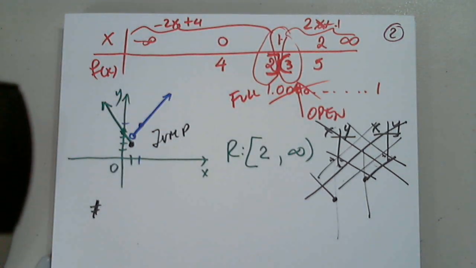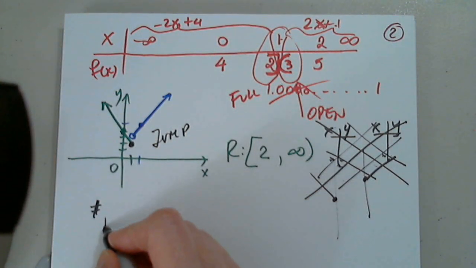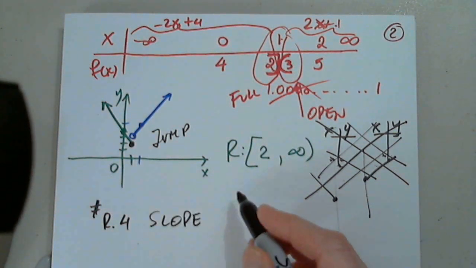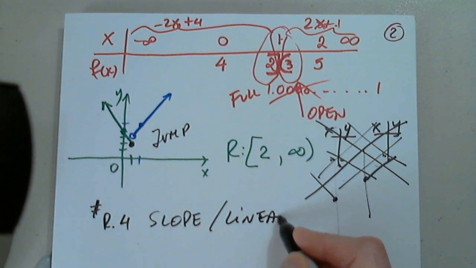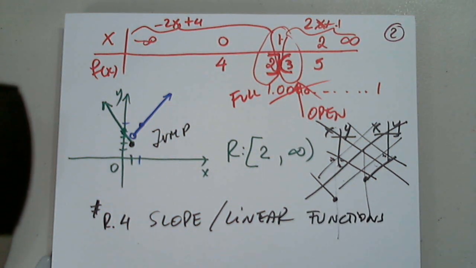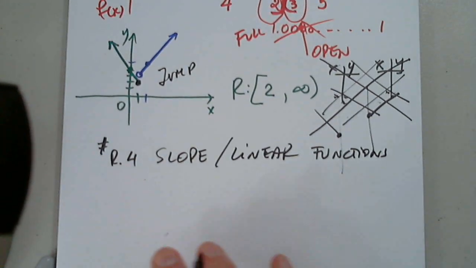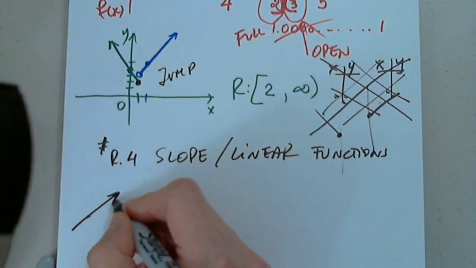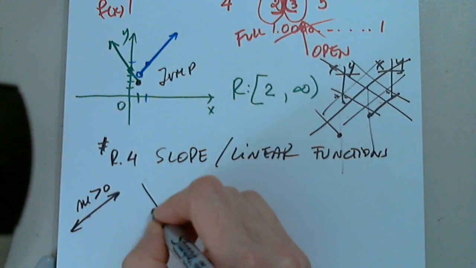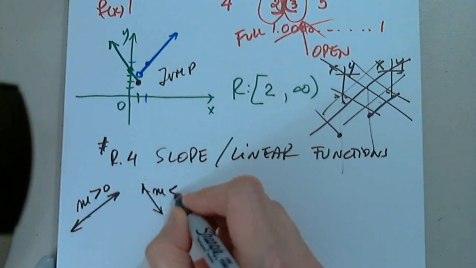Good. So I'd like to continue with R.4. We are reviewing the slope and linear functions. We discussed all this before. We talked about linear functions with a slope that is positive, and with a slope that is negative.